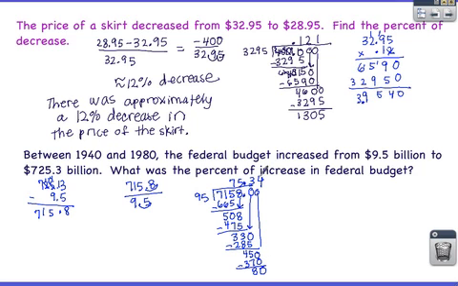And now that we have 2 digits after our decimal point, we can pause, because in order to change this to a percent, I would move the decimal over twice. So we can say that there was approximately a 7,534% increase in the federal budget.